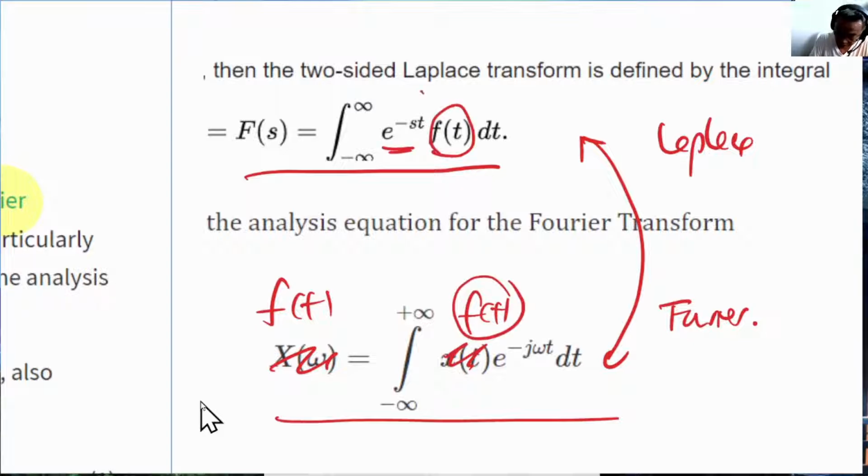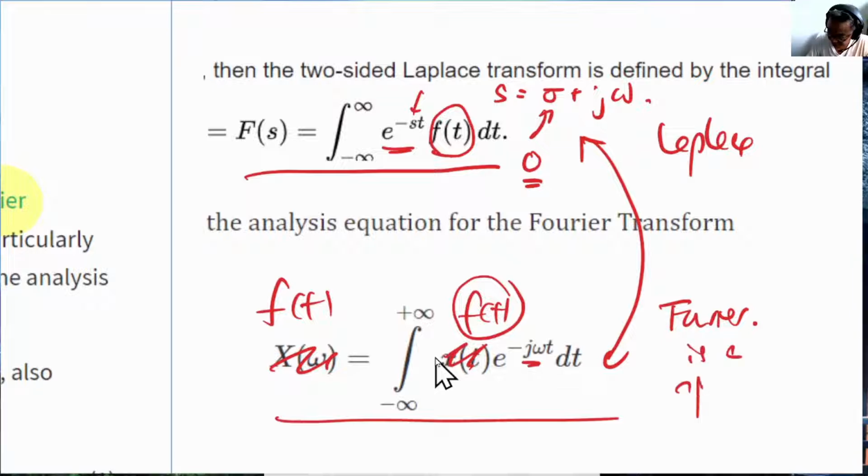The only difference is that in the Laplace we have s, while in the Fourier we only have minus j omega. Remember that s equals sigma plus j omega, and therefore when sigma equals 0, the Laplace and the Fourier are identical. Hence the Fourier is a special case of the Laplace.